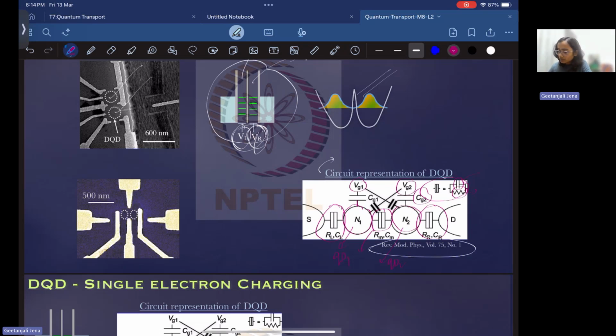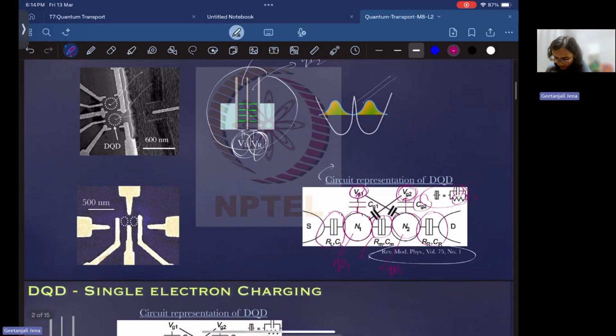Vg1 and Vg2 control the electrostatic potential of quantum dots one and two without tunneling any electron to the voltage terminals. For this case, let's see the transport properties in the low bias regime.